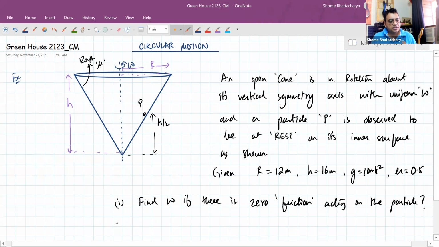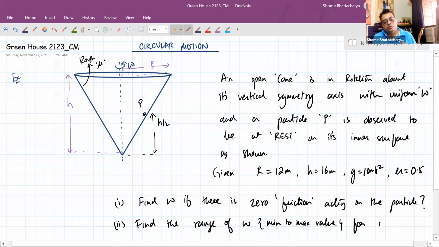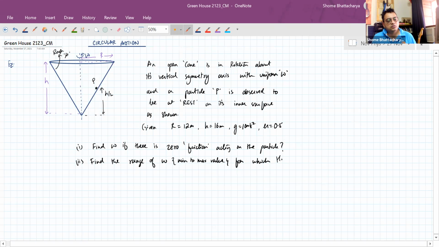Okay. And second part, we have to find the range of omega, that is from some minimum to some possible maximum value, for which the particle does not slip on the surface.